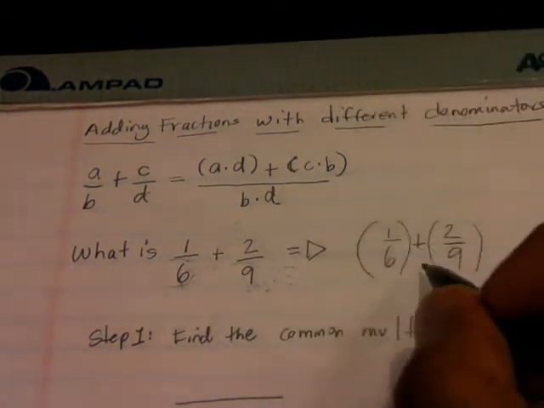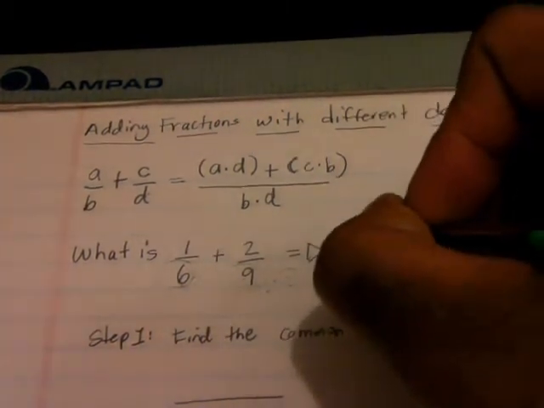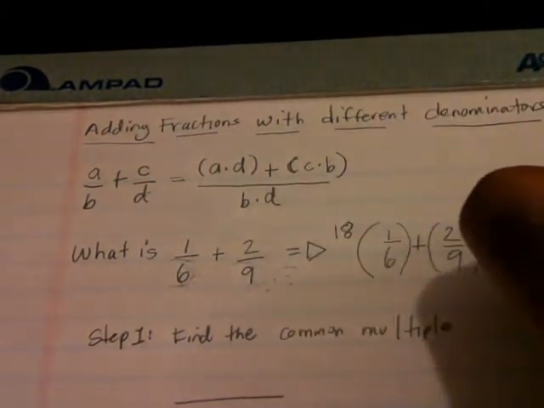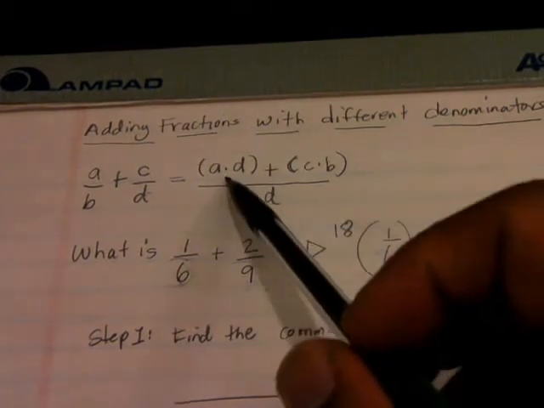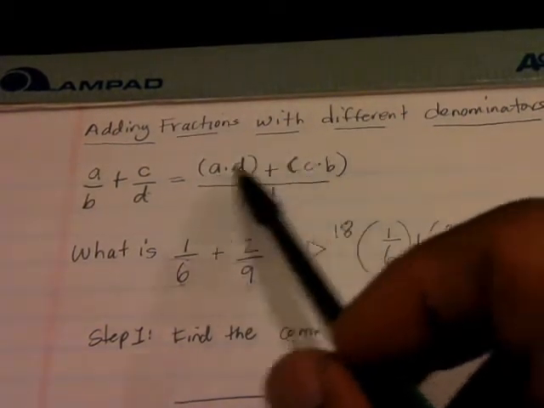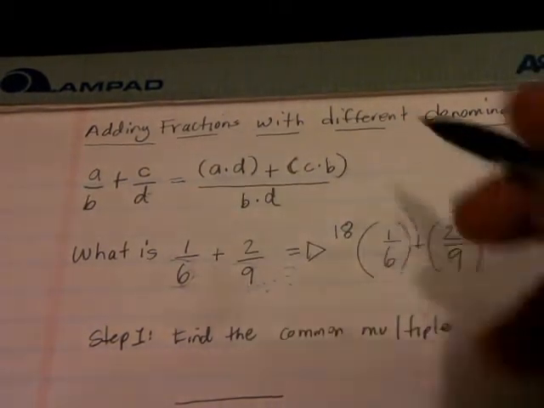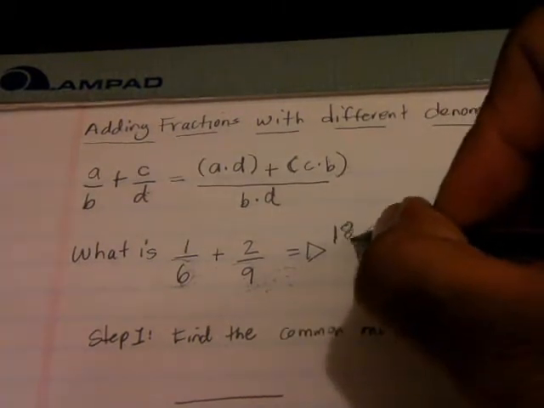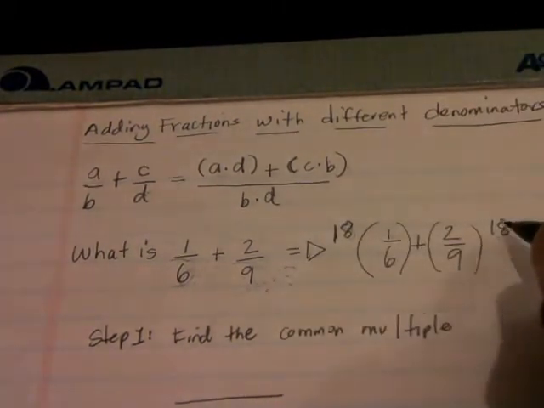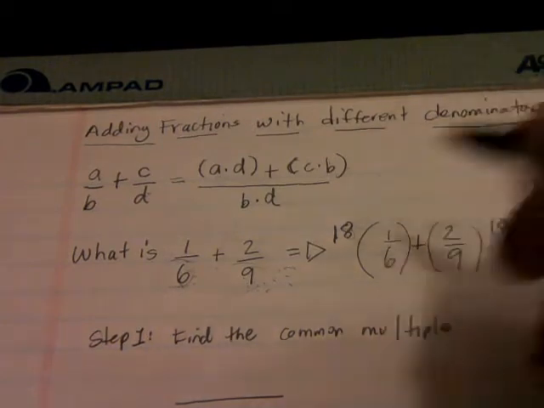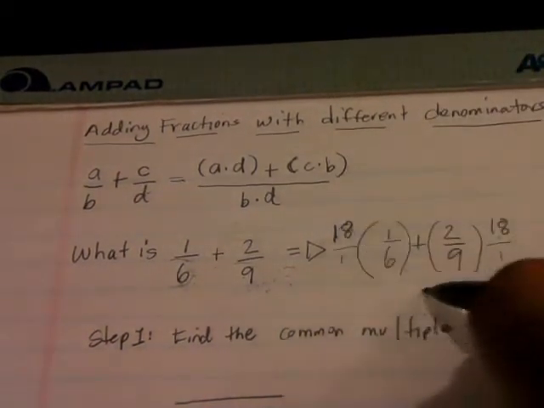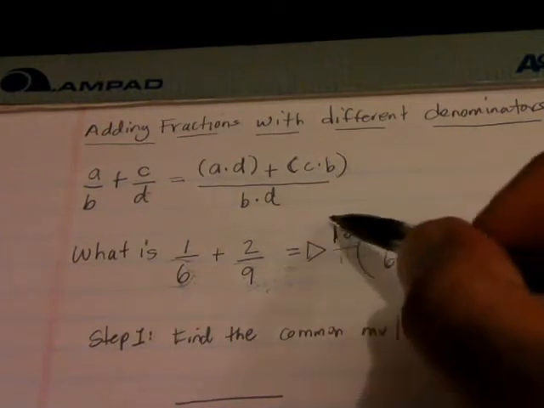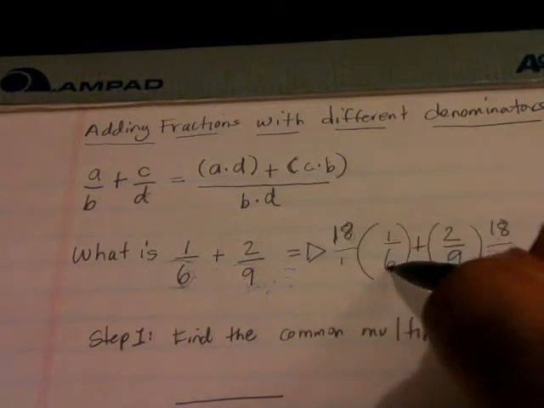So I'm going to multiply 18 on both sides of the fraction. This will be your combination that will fit the common multiple in this formula, because 18 represents a whole number, or you can say 18 over 1. It's the same thing. So I'm going to use cancellation to cross out and cancel the common denominator.